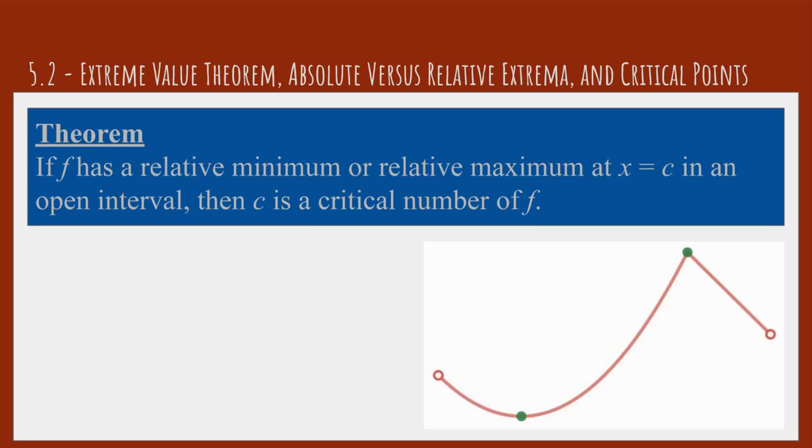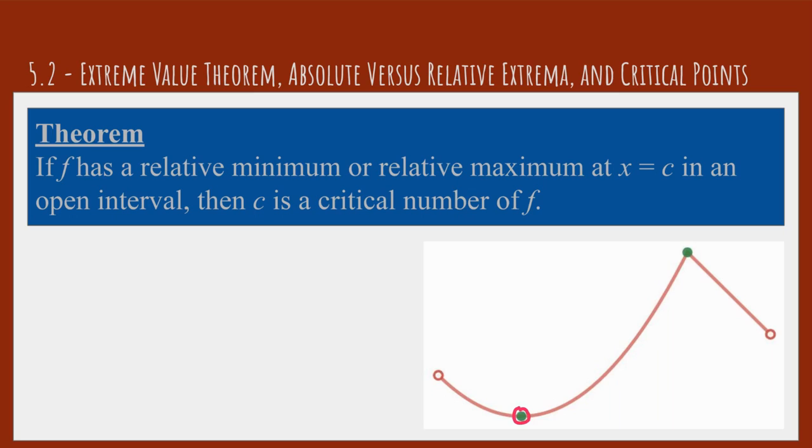One more theorem. This one's an unnamed theorem. The theorem says if f has a relative minimum or a relative maximum at some point c in an open interval, then c has to be a critical number of f. So what that means is if we look at this graph here, this point is a local minimum. It's also, in fact, a global minimum. That doesn't really matter.